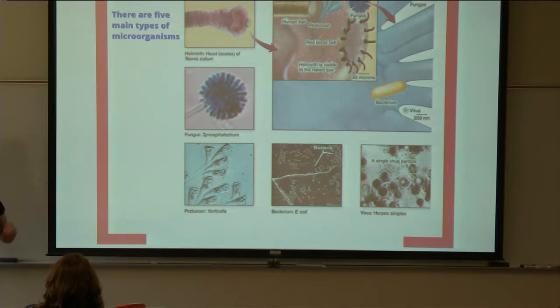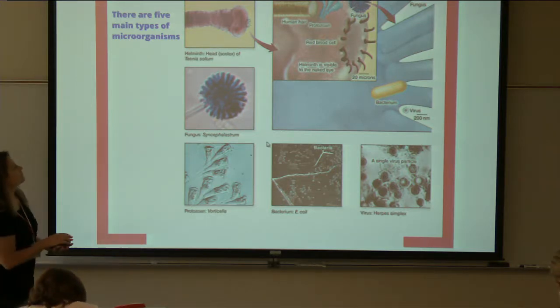How would you get infected if you're looking at a tapeworm infection? What would you ingest? The eggs, and the eggs are microscopic. Okay, so that's what we're looking at in this class. We'll talk about a few specific worm infections, that'll be in chapter 5, but the reason we study them is because the eggs are microscopic and the eggs are what's infectious. You cannot see those with the naked eye.